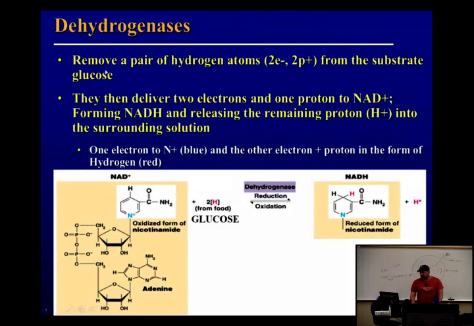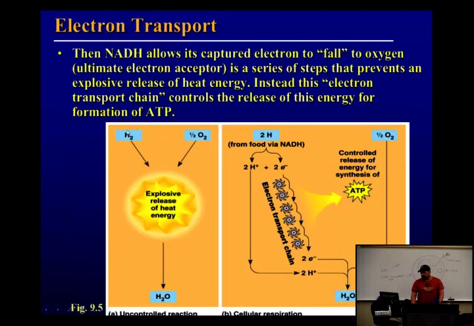All right. This just basically says the exact same thing that we just talked about. So 2 electrons, 2 protons are transferred onto this molecule to make NADH, and hydrogen's protons are a byproduct. All right, so in the end, ultimately what we're going to do is combine hydrogen and oxygen.